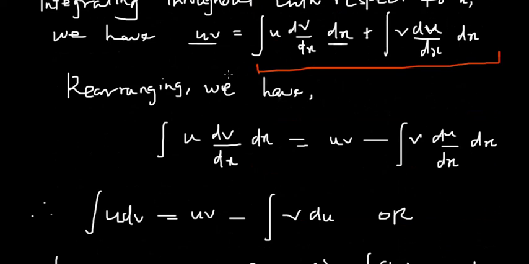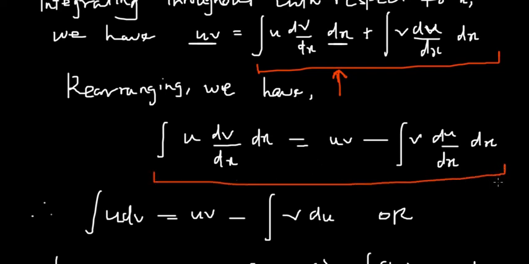So let's try to rearrange this. In rearranging this, you notice that we need to make the integral of u dv dx dx the subject. I'll go into solving problems so that you get to appreciate what I'm trying to explain.